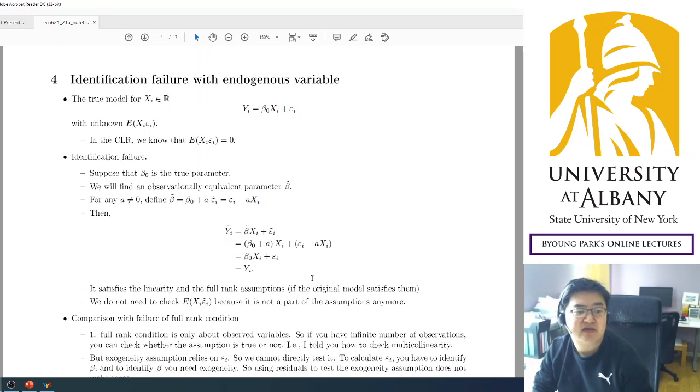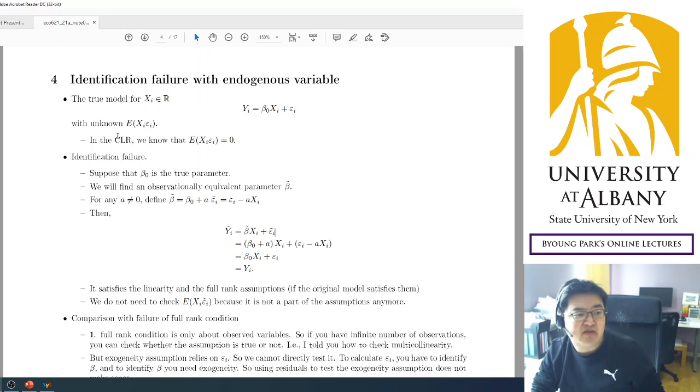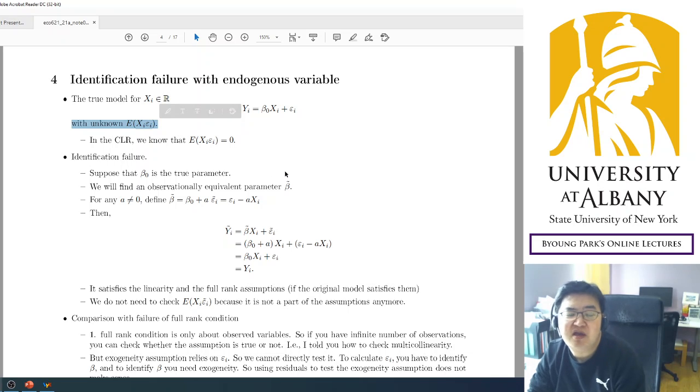It satisfies the other assumptions like linearity, the full rank assumption, and the second moment assumption. So the only problem with y tilde is the lack of the exogeneity assumption, but we are not restricting exogeneity anymore. So without exogeneity, you cannot tell beta tilde from beta 0.